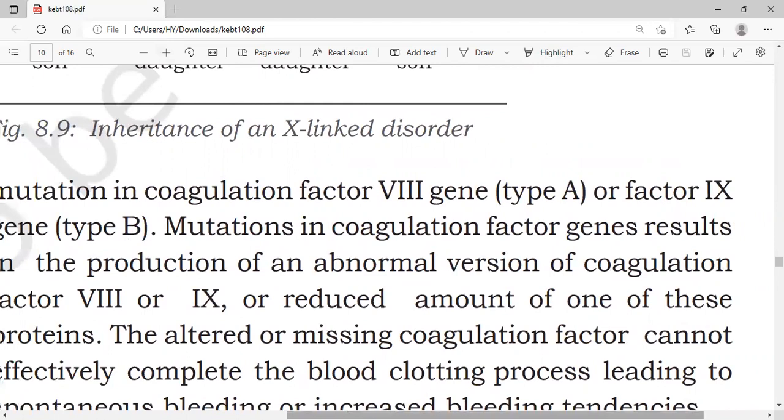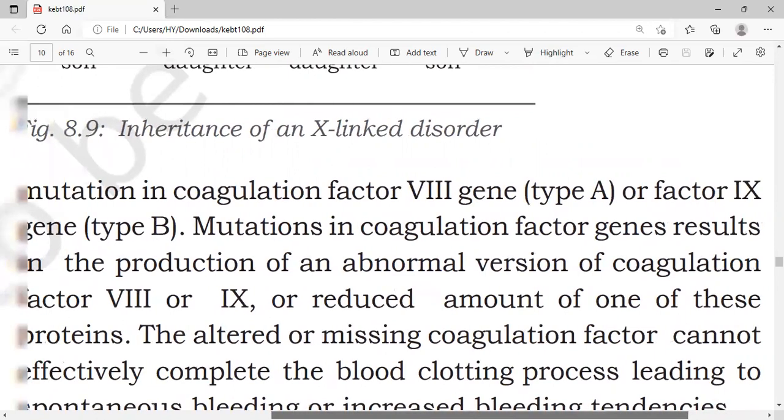So either defective proteins are produced or their amount is reduced.